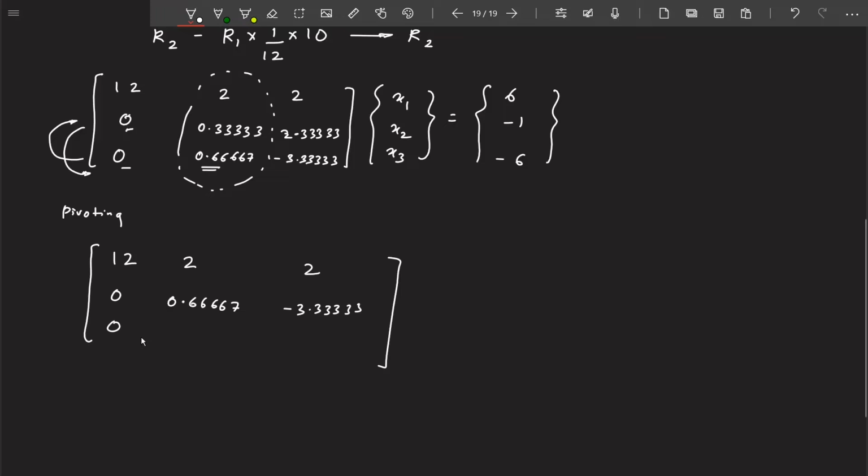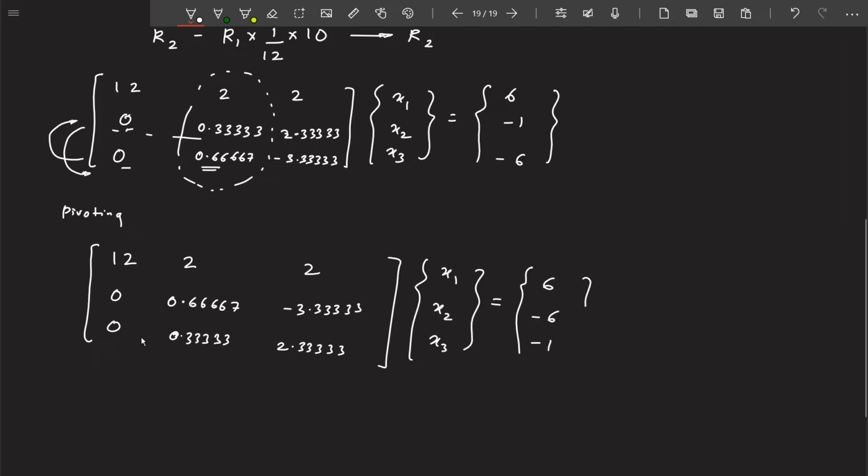This row will come down, 0.33333, 16. Okay, x1, x2, x3, and this becomes 6, minus 6, minus 1.